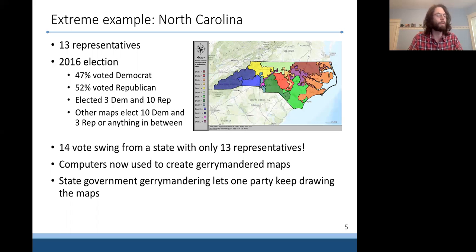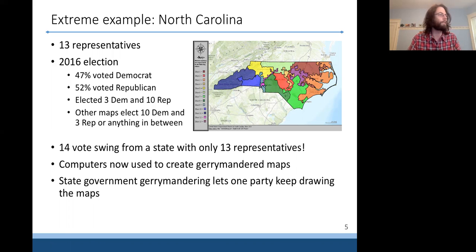And we saw that again in 2020. And yet it's electing 3 Democrats and 10 Republicans as its representatives. And you can redraw these maps actually to elect 10 Democrats and 3 Republicans, or anything in between. So this is a pretty dramatic, this is like a 14 vote swing just in how one state is drawing its districts with only 13 representatives.